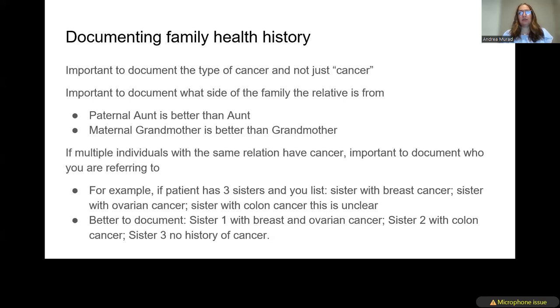So if a patient has 3 sisters and you list sister with breast cancer, sister with ovarian cancer, sister with colon cancer, this is unclear as to whether this is all the same sister with all of these cancers, each of her 3 sisters had a different cancer, or there are 2 sisters with cancer and one without. So it's much better to document, as the second bullet point shows, sister 1 with breast cancer and ovarian cancer, sister 2 with colon cancer, sister 3 with no history of cancer.